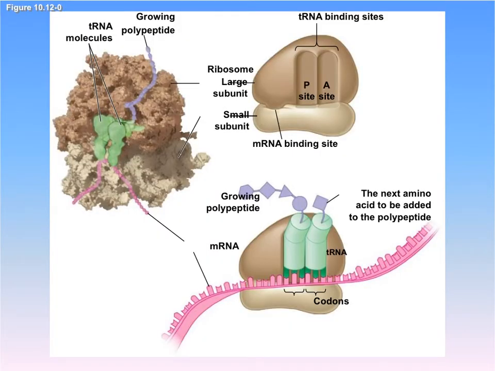Ribosomes are made up of two different things. They're made up of rRNA, that R stands for ribosomal, and proteins. They're also made up of two subunits, a small subunit and a large subunit. These subunits come together once it's time to translate a polypeptide.